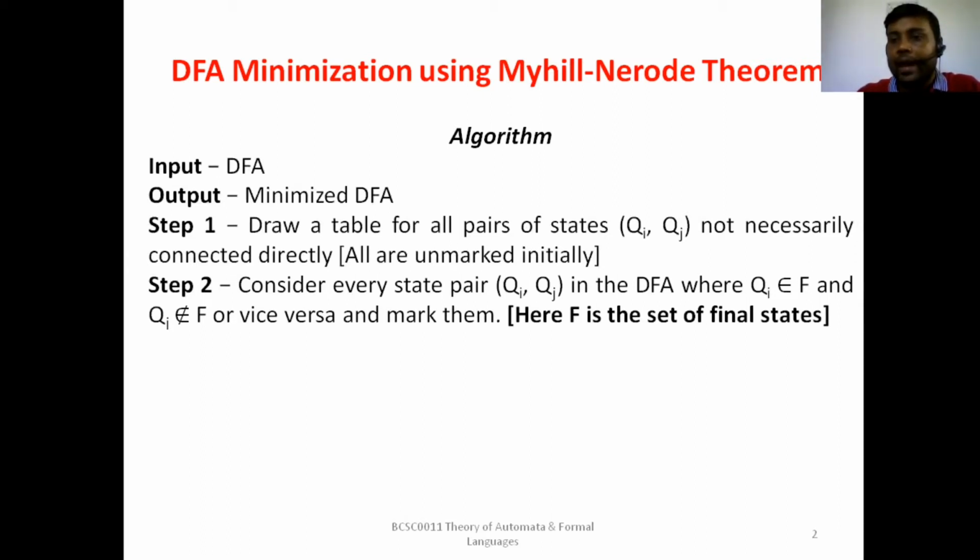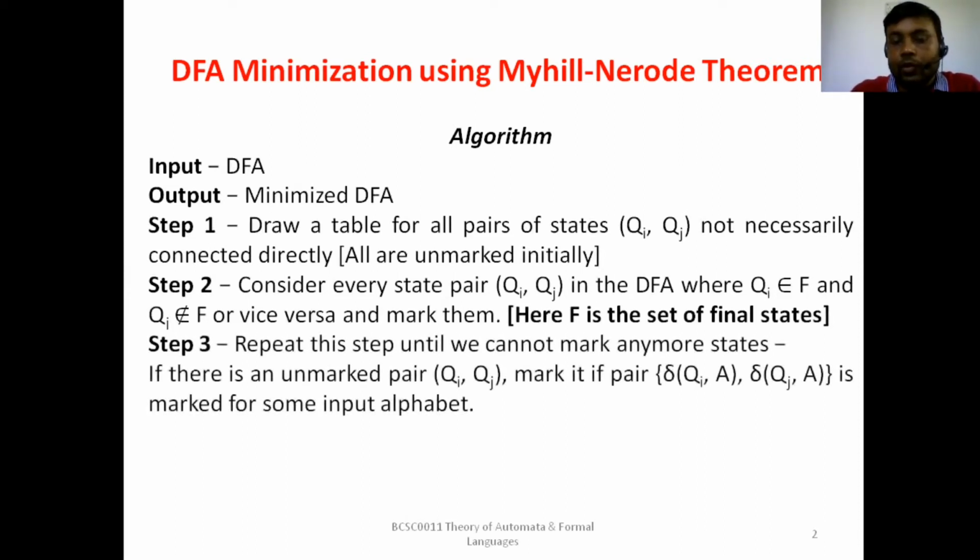What it means is that we have to mark every pair of states out of which one belongs to the set of final states and the other belongs to the set of non-final states. This is step 2 of the Myhill-Nerode method. Here F denotes the set of final states.